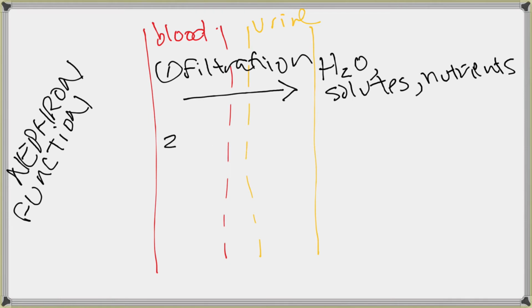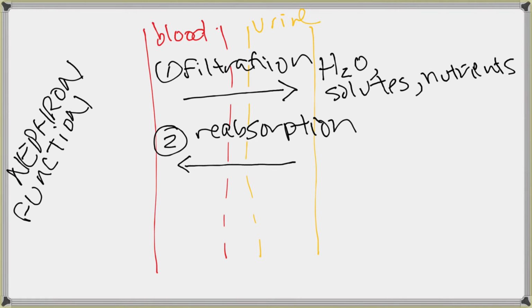And then number 2, the next step is reabsorption. And reabsorption is really bringing stuff selectively back in. And so what are you going to select to bring back in? Well, considering that you filter out gallons and gallons of water per day, you need to hold on to most of it.